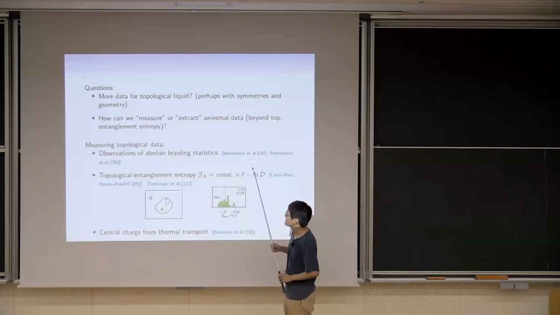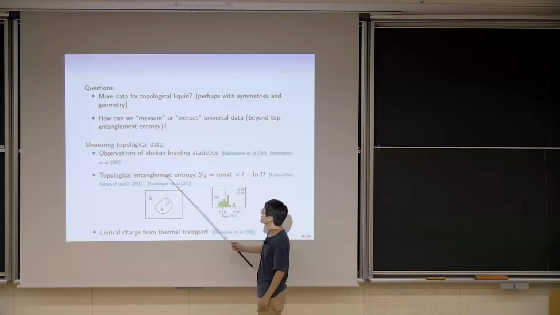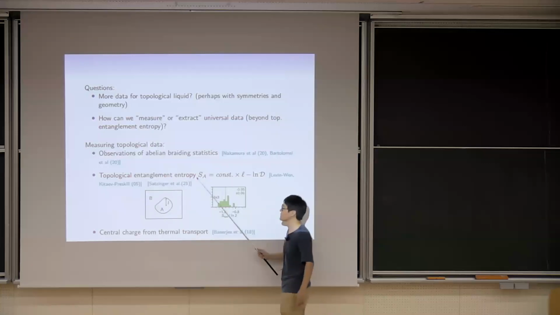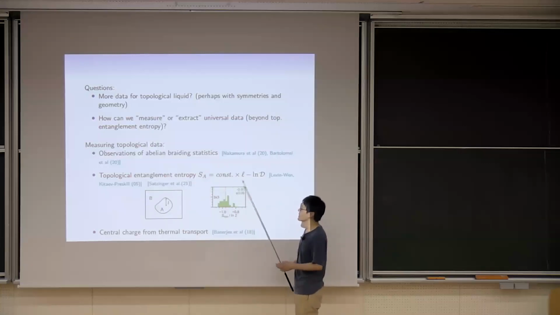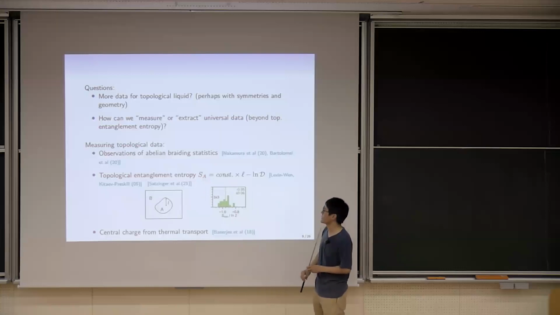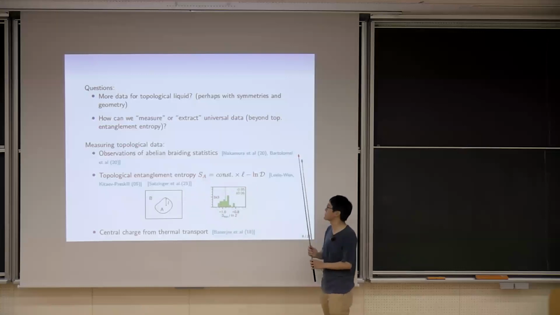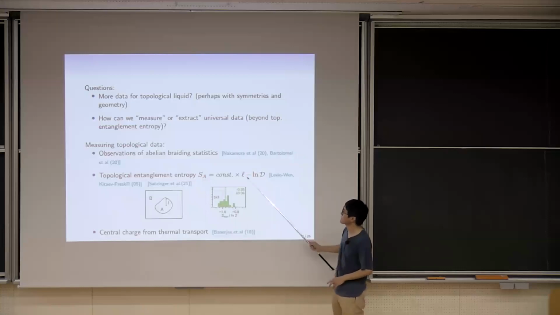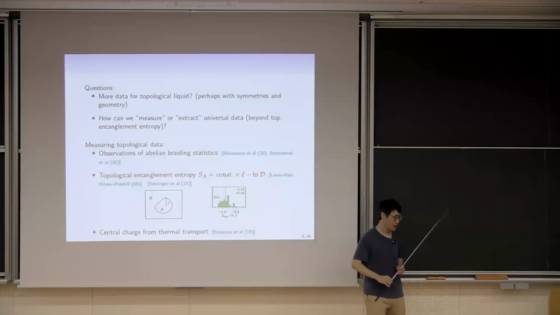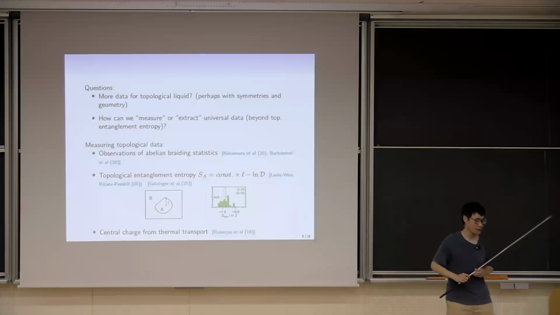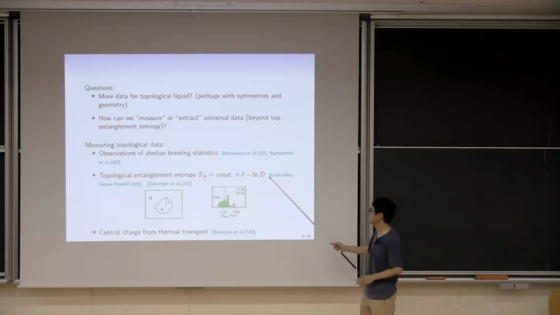Okay. Another quantity which I didn't mention much in this talk is something called topological entanglement entropy. That's a universal part of entanglement entropy, which may capture the topological property of a topological liquid. In particular, from the entanglement entropy, you can extract this number D, which is the total quantum dimension, which is basically the sum of quantum dimensions.